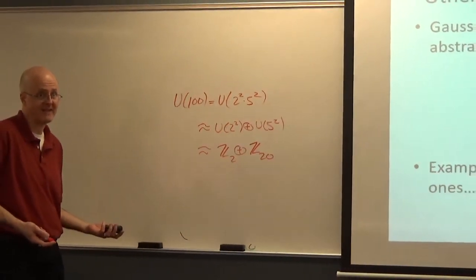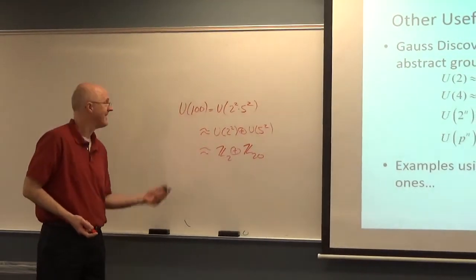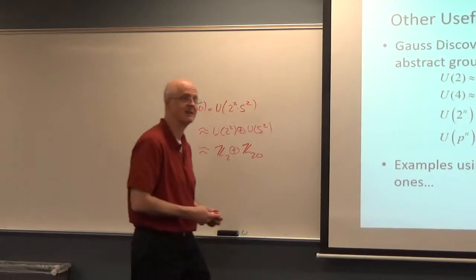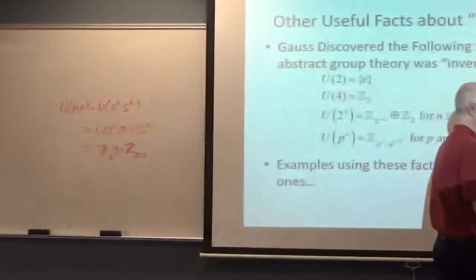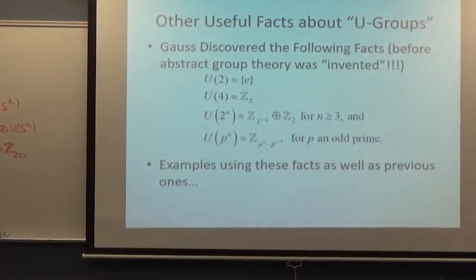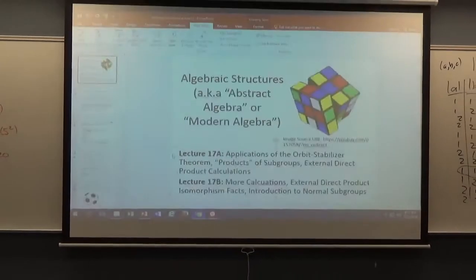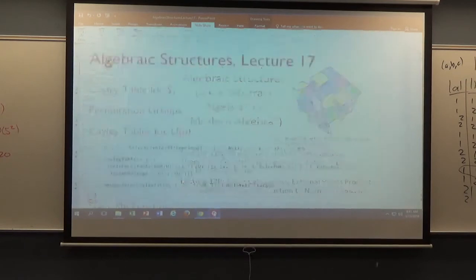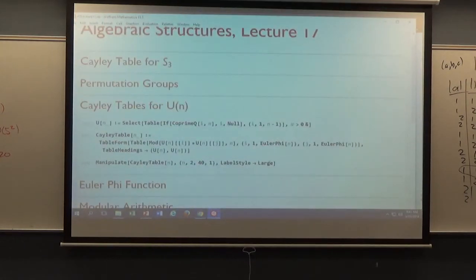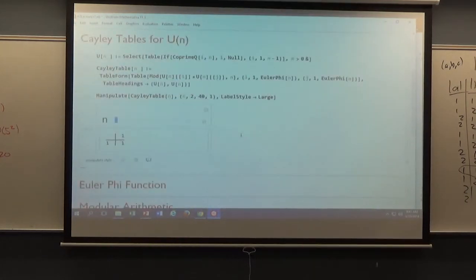That's a pretty cool thing, I think. Isn't it? Don't you agree? Can you figure out what the U groups are isomorphic to? Of course, you still also have my U group Cayley table calculator in Mathematica, if you want to make use of that. Of course, I don't let myself go out to U100 there, but you can see the Cayley tables for different n.